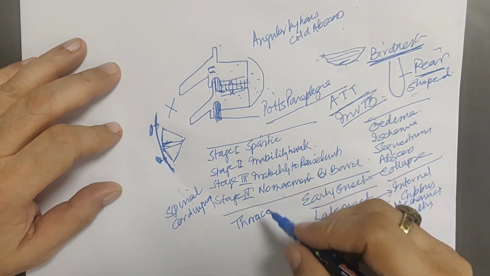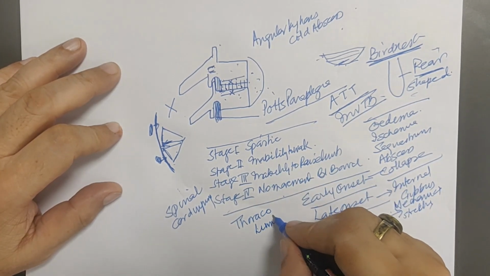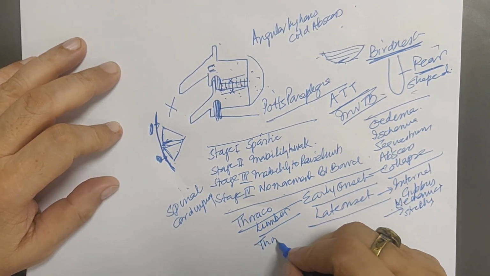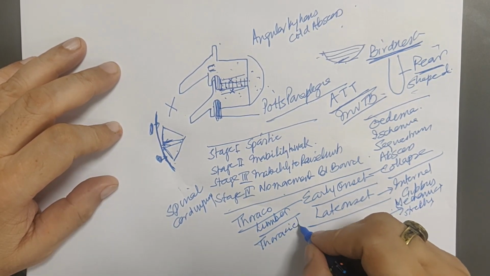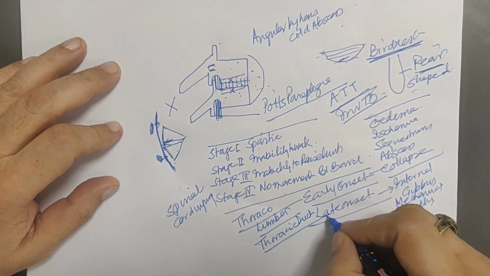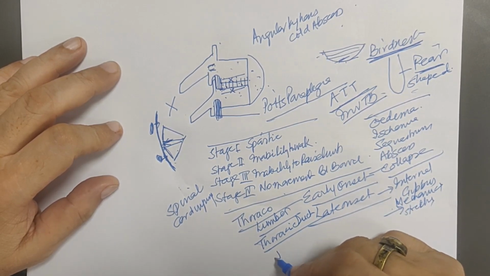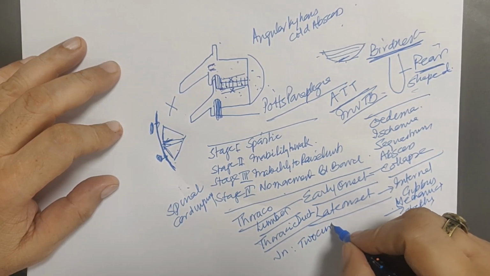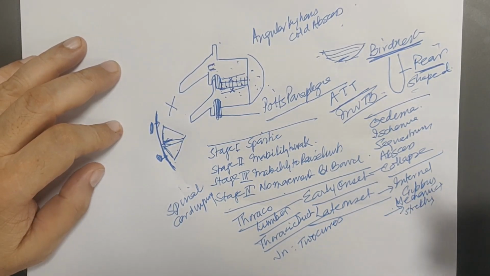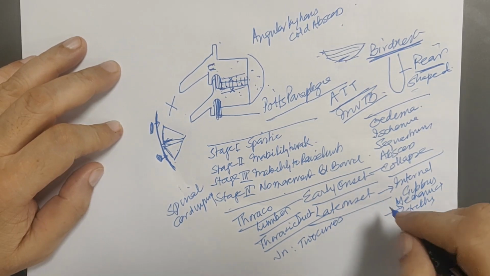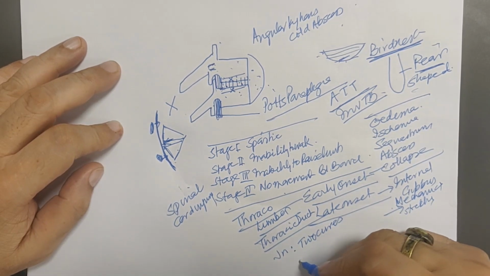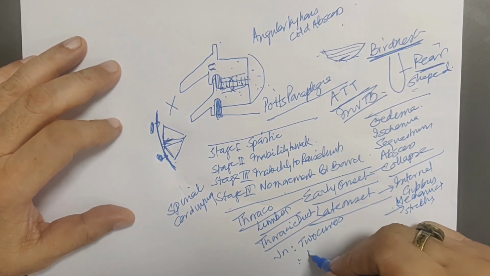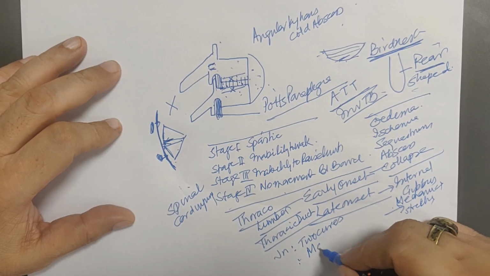Another thing is that the common site of Pott's paraplegia is the thoracolumbar region, and they ask you why. One, because it is the beginning of the thoracic duct, so more deposition there. Secondly, it is a junction of the two curves of the spine, the kyphotic curve of the thoracic spine and the lordotic curve of the lumbar spine, so there is a lot of movement there.